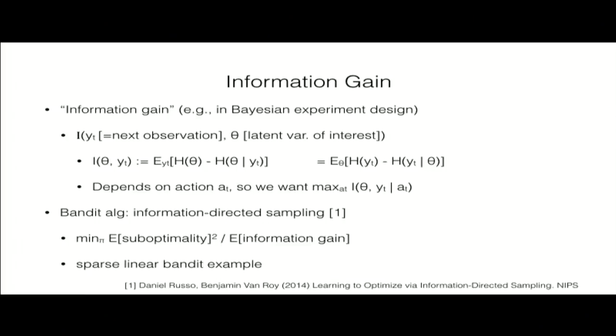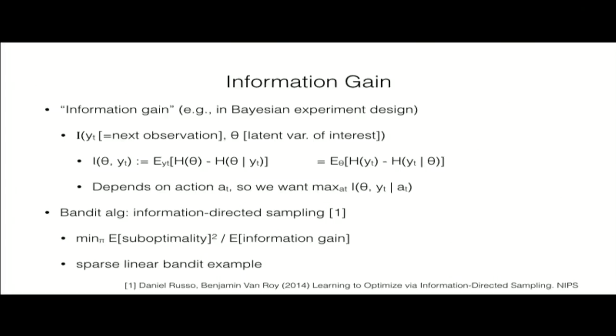So let's call y our next observation, and let's say theta is some latent variable that we're trying to gain information about. So what we're going to try to maximize is this information theoretic quantity called the mutual information. The mutual information can be written as the expected change in the entropy of the distribution.